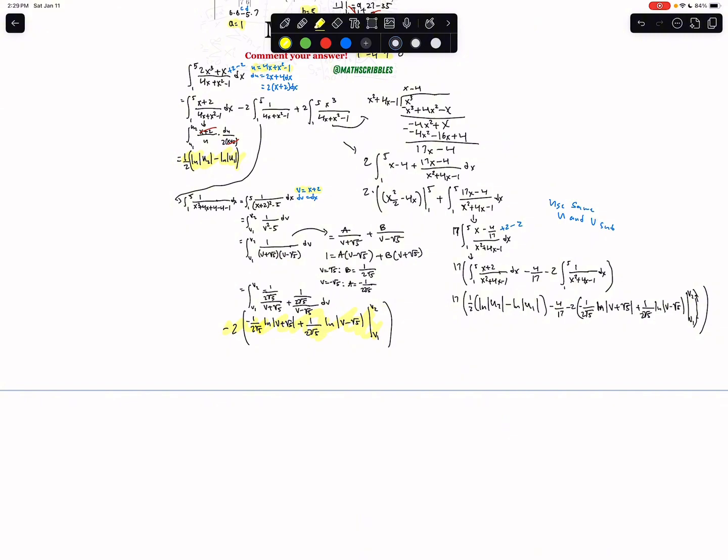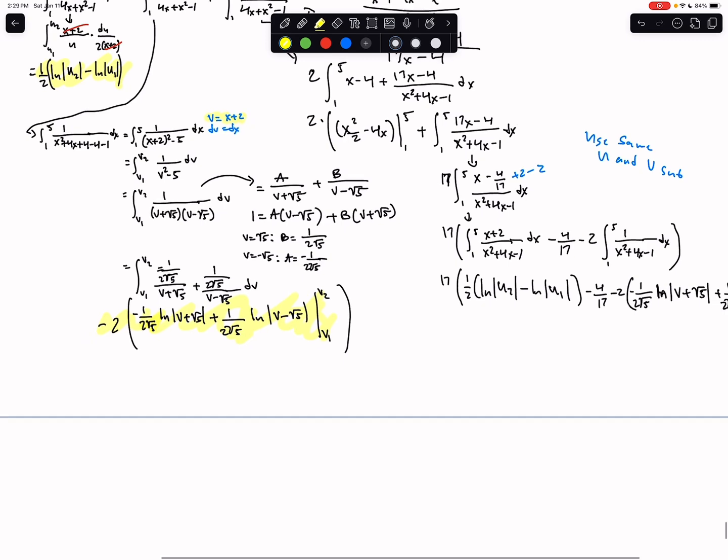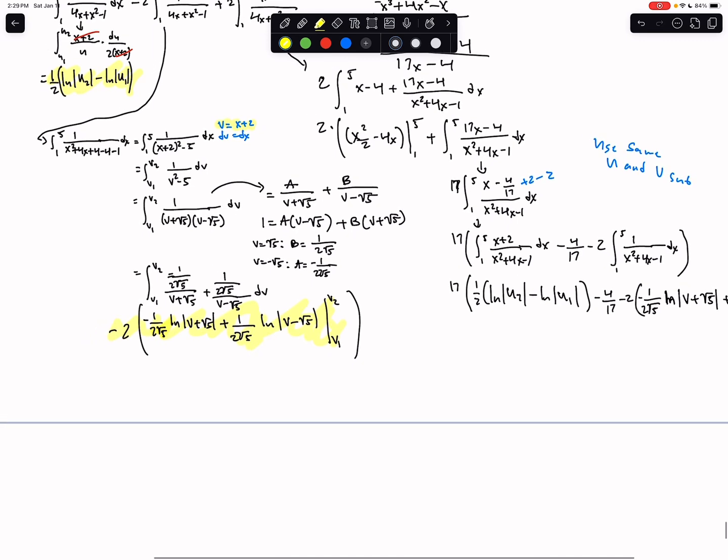We still have this guy. Plus 2 times. And again, the way I'm solving this is probably very inefficient. This is just what came to my head on how to do this. But hopefully what I'm doing is so far correct.